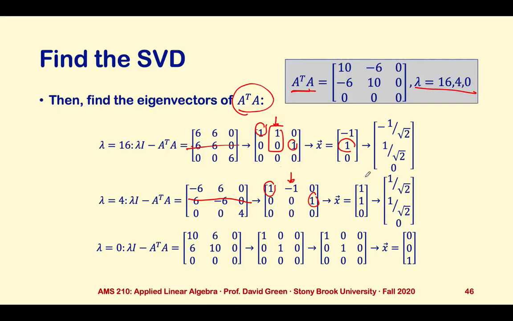We have a free variable in the middle. We set that equal to 1. We read the pivot entries off of the corresponding column, negating them, which gives us 1, 1, 0. Again, this is not normalized. Normalizing it gives us 1 over root 2, 1 over root 2, and 0. These were the eigenvectors associated with non-zero eigenvalues.